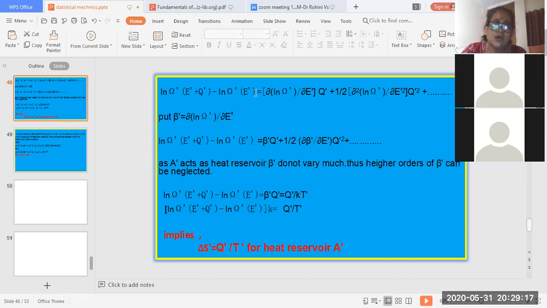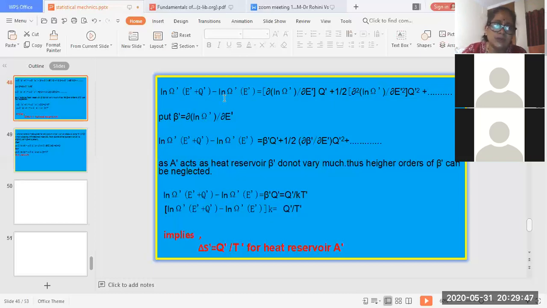Its original state is ln omega dash of E dash. After absorbing Q dash, the accessible states have changed to omega dash, a function of E dash plus Q dash. Earlier it was in state E dash, it has absorbed Q dash, so its state has changed to E dash plus Q dash. You take the difference of this with respect to this.